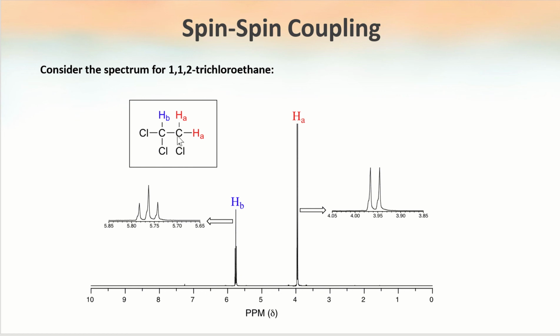And so what would we expect? If n is 2, then n plus 1 would be 3, and if we get 3, that means we would have a triplet, as is seen here.